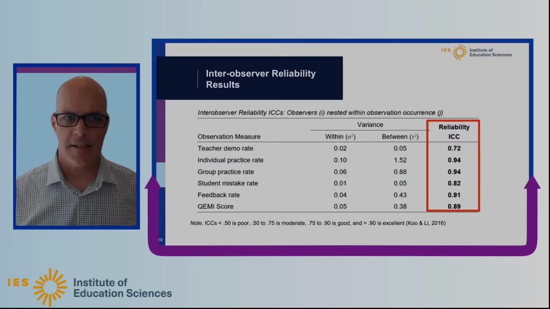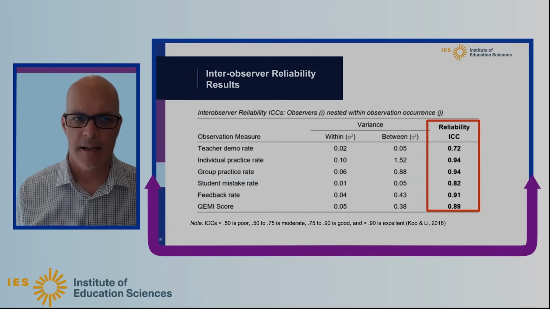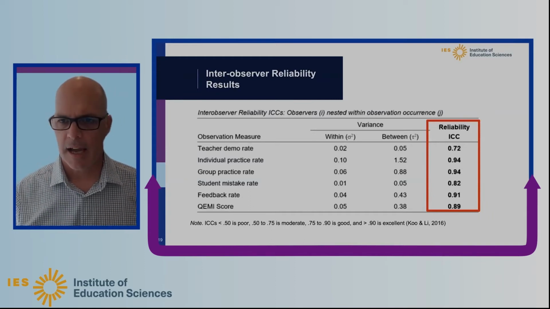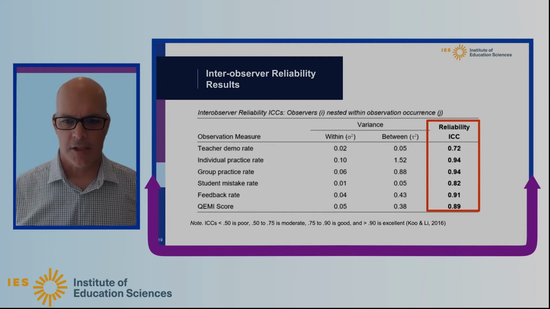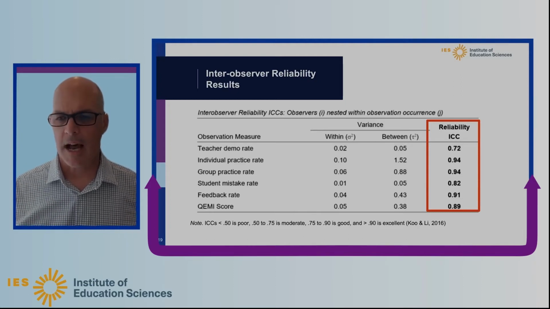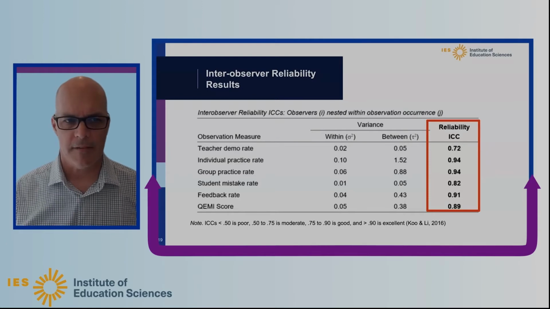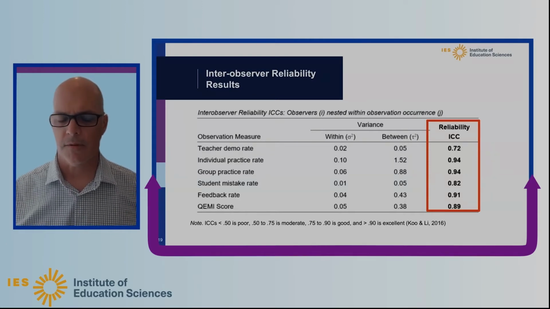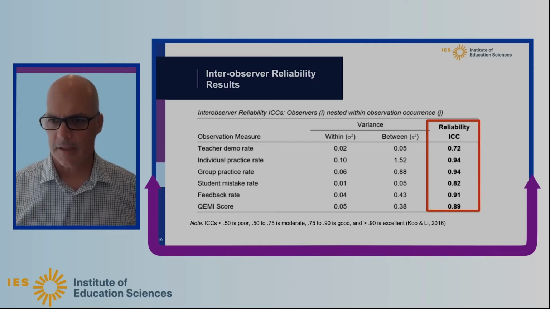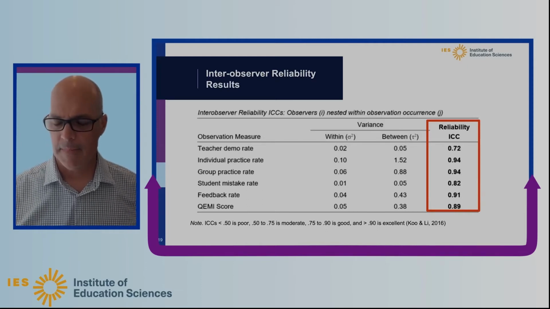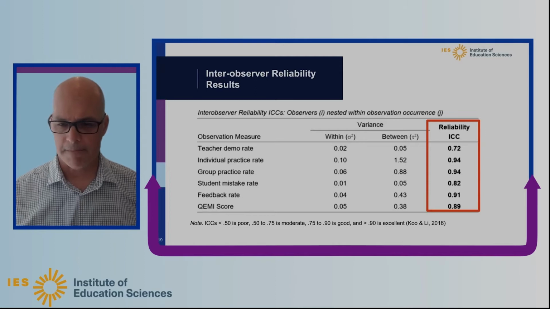Now, for our findings here, we calculated ICCs, and a reliability ICC greater than 0.9 is considered excellent. And for the most part, we had very good inter-observer reliability, with the exception of the rates of teacher demonstrations. We have some hypotheses that we can discuss perhaps in the real-time meeting for the ISPI meeting.